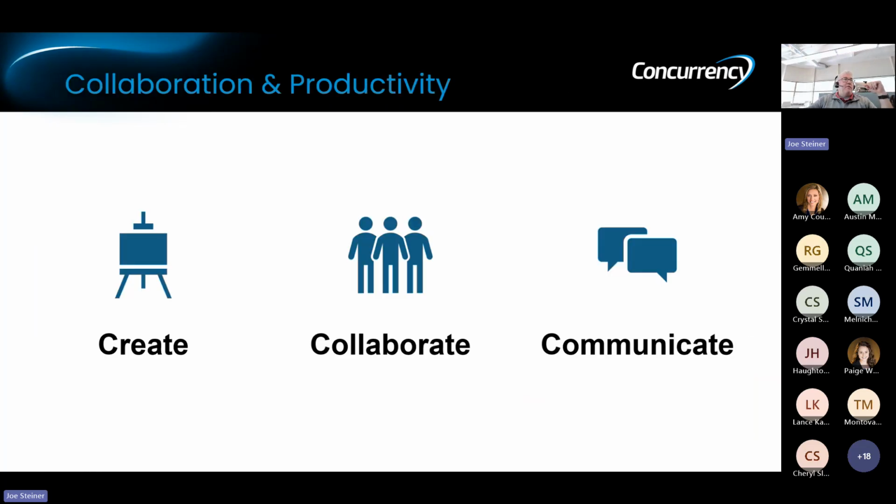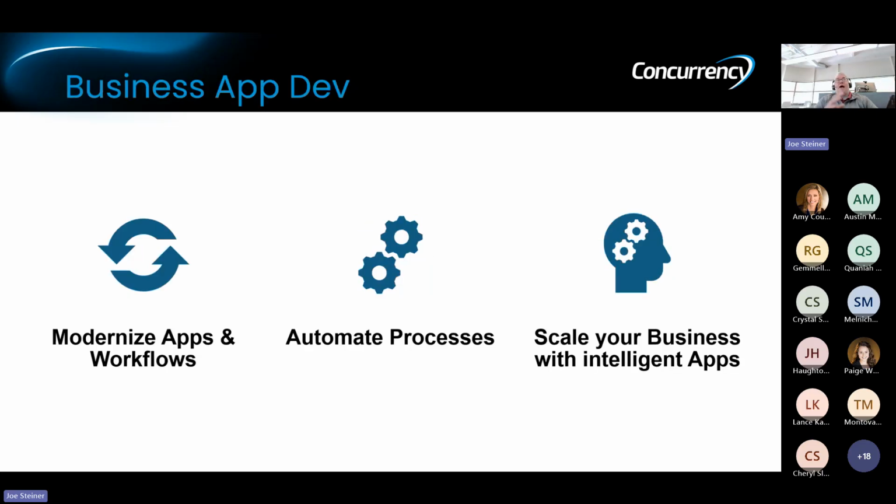When we think of collaboration and productivity, we're thinking about those tools that allow people to create, collaborate, and communicate. When we take those platform things and apply them to automate, I may have some communications that I can automate, saving time for individuals to do more important work and making sure it happens at certain times.